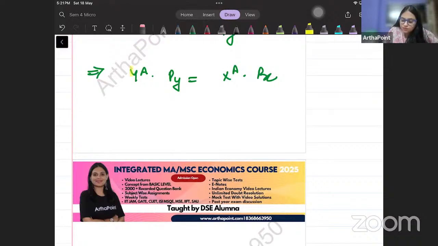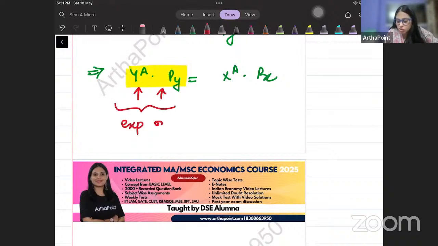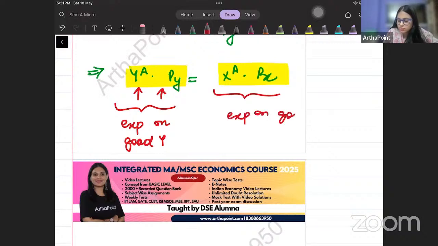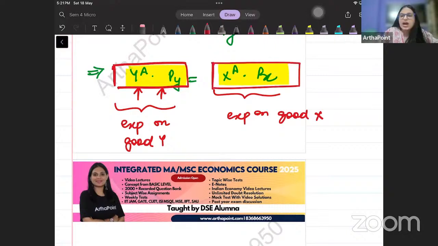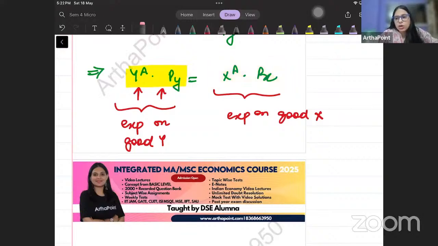So Y into PY, beta, ये हो गया units of good Y into price of good Y. That means this is the expenditure on good Y. Units of good X into price of good X, that means this is expenditure on good X. So for Cobb-Douglas preferences, the expenditure on good Y and good X are equal to each other. ये बात clear है? Okay.